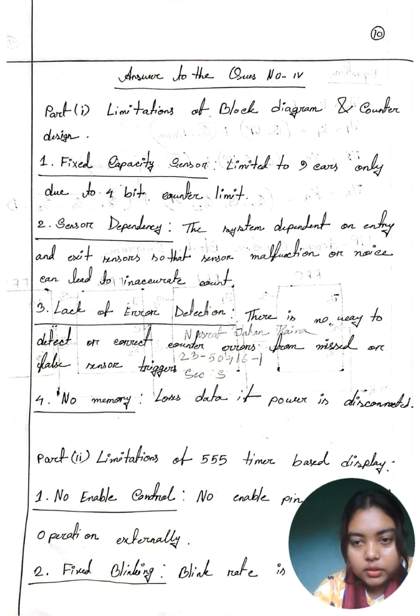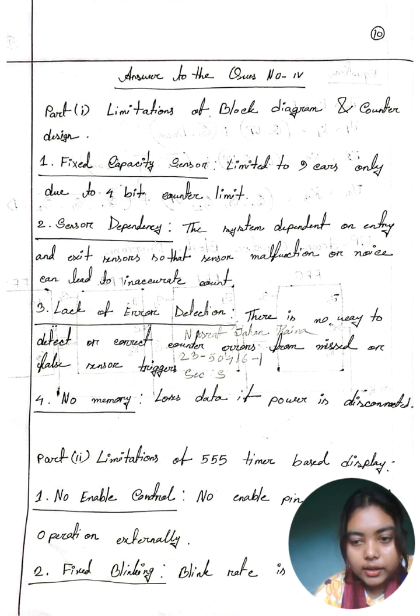Here are some limitations. Fixed capacity limit: the system is limited to 9 counts due to the 4-bit counter limit. Sensor dependency: accuracy relies on the entry and exit sensors, making the count vulnerable to sensor malfunction or noise.